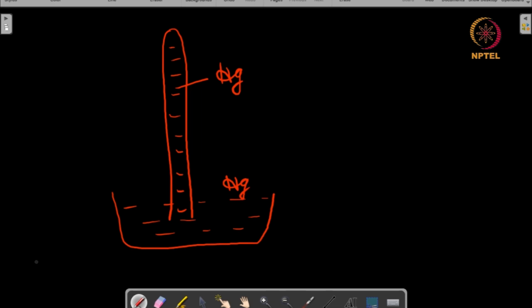Now, when this glass tube is inverted, then certain amount of mercury will flow into this vessel, and so we will get a vacuum created here. So, this area will now get a vacuum because certain amount of mercury has flowed from this tube into the vessel.